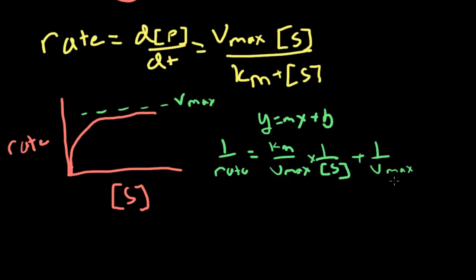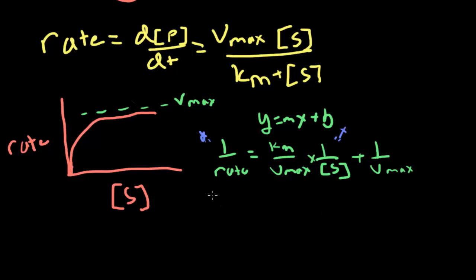You look at me and you wonder, that didn't make it any easier. It did, because I'm going to decide that 1 over rate equals y, and 1 over s equals x.